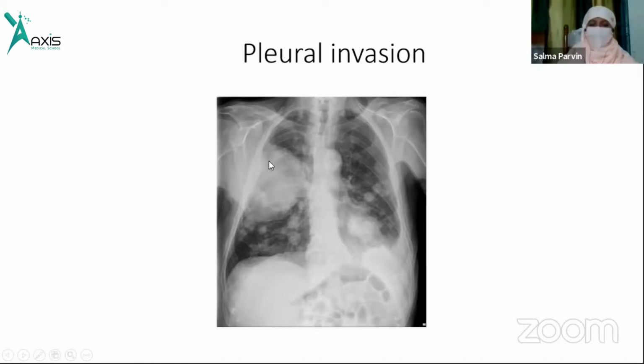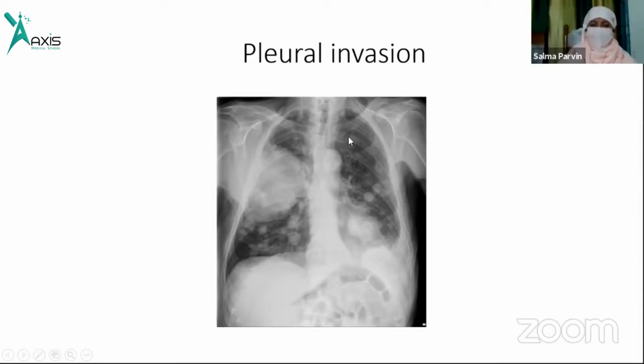You see in this film there is a thickened strip of the soft tissue attached along the right lateral chest wall. But you see, there is no effusion present here. There is some effusion in the left lung field, and you see there is a mediastinal shifting present here because the right cardiac border is not at all seen.